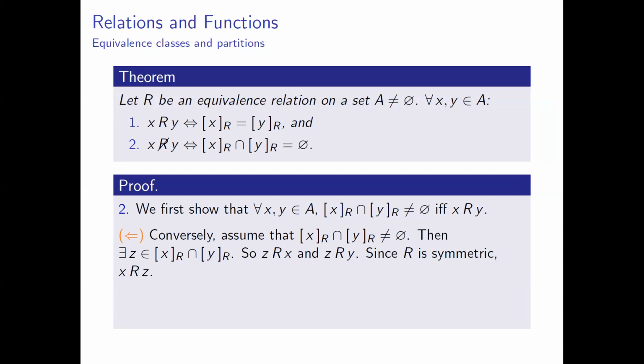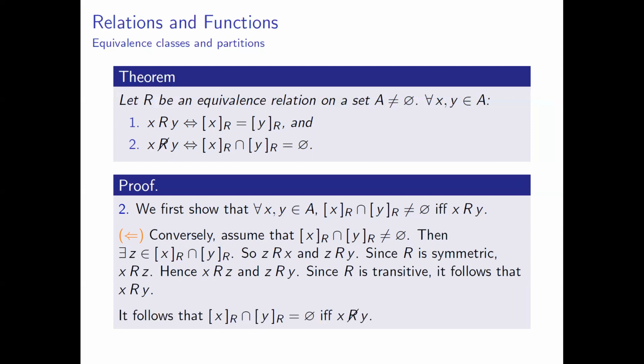Thus, x is related to z. Hence, x is related to z and z is related to y. Since R is transitive, it follows that x is related to y. This proves that the equivalence class of x and the equivalence class of y are not disjoint if and only if x is related to y.